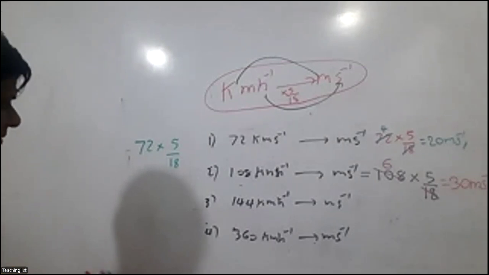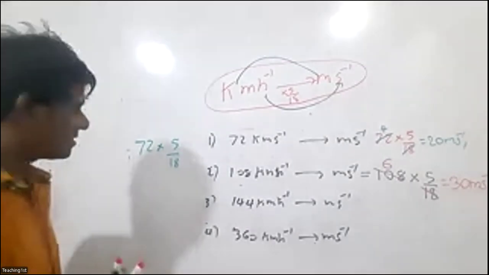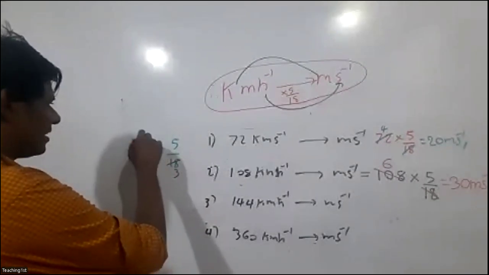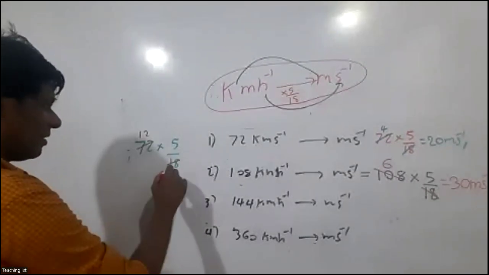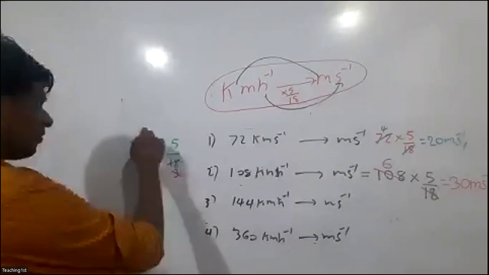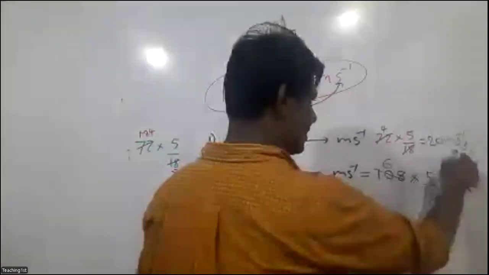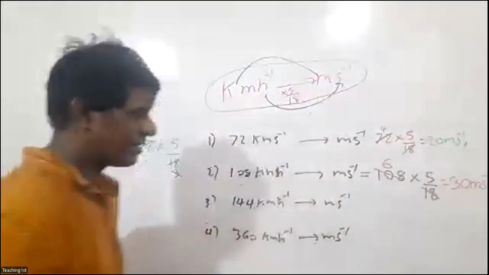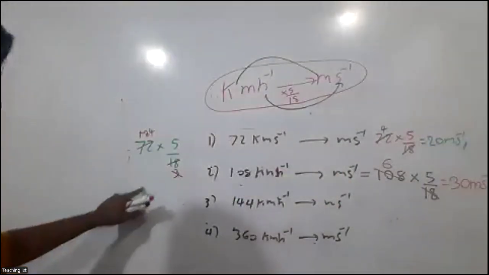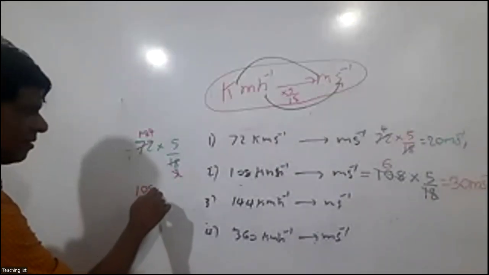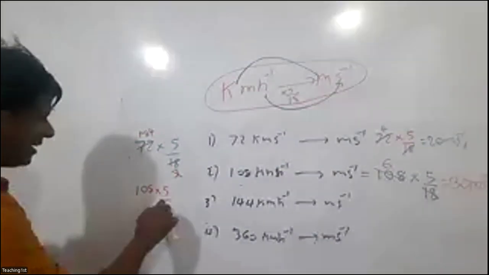You can just go along with the normal 6 times table. How many sixes are there? 3. How many sixes are there? 12. Again, 3 times 4, 4 times 5, again you get 20. Understand? In the similar manner here, we have 108 multiplied by 5 over 18.